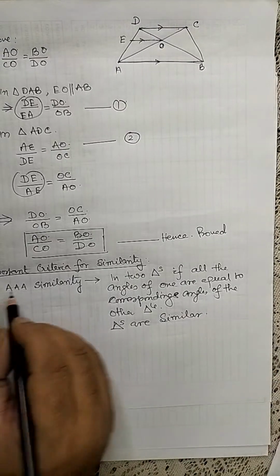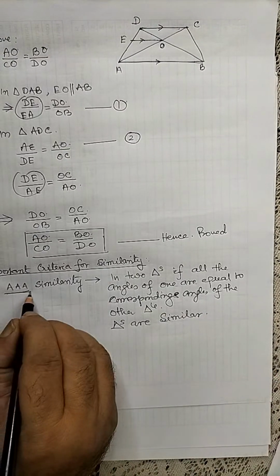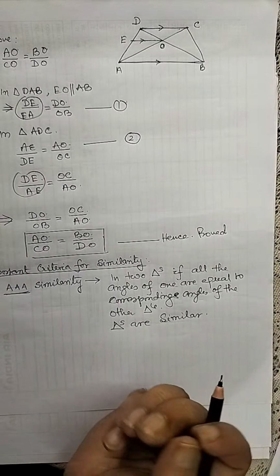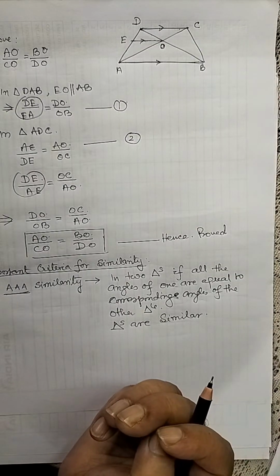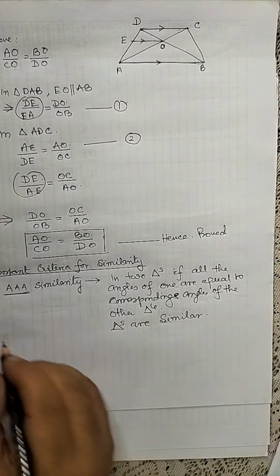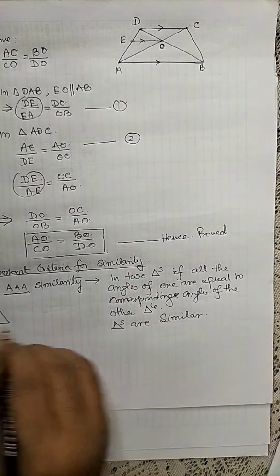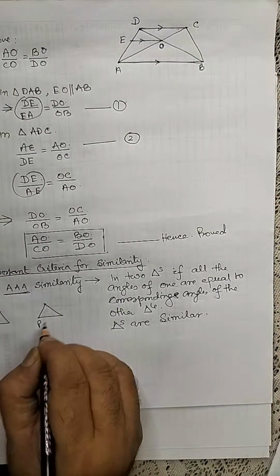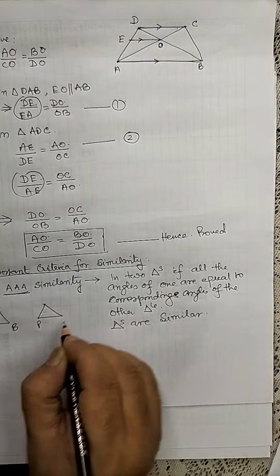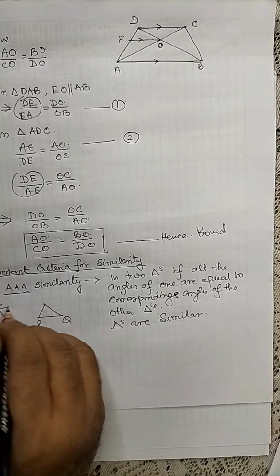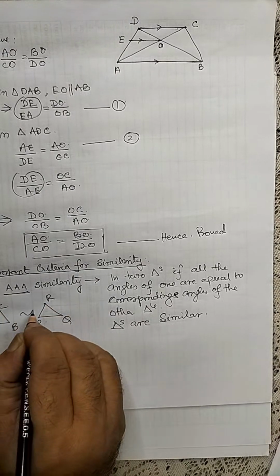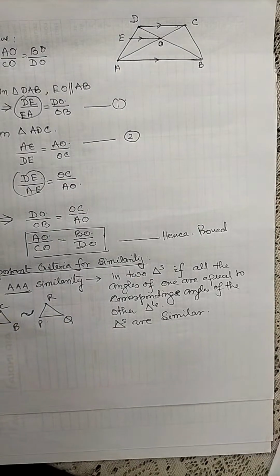That is, यदि एक ट्रायंगल के तीनों एंगल किसी दूसरे ट्रायंगल के तीनों एंगल के साथ इक्वल हों, मतलब एंगल A इक्वल टू P, B इक्वल टू Q, C इक्वल टू R, द ट्रायंगल्स आर गोइंग टू बी सिमिलर.